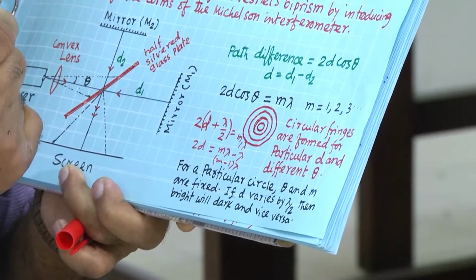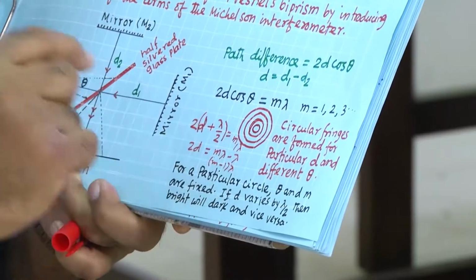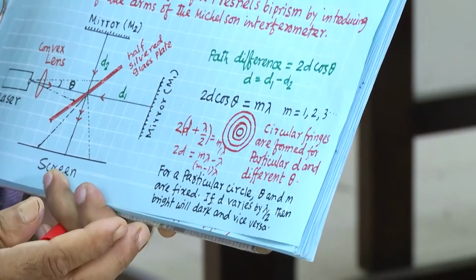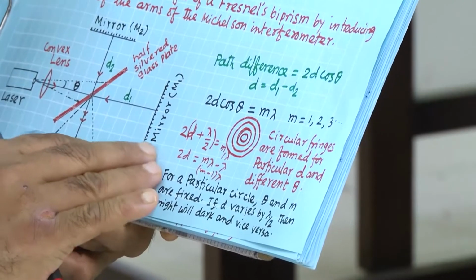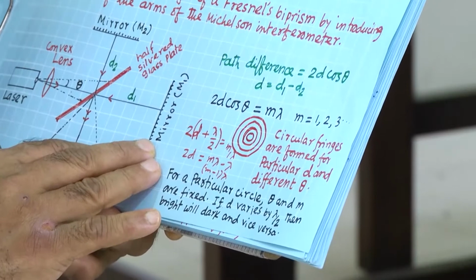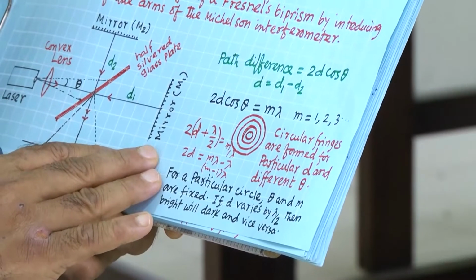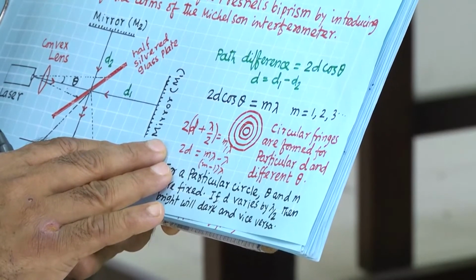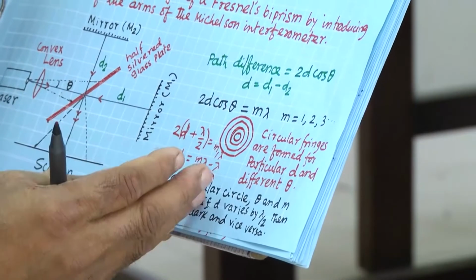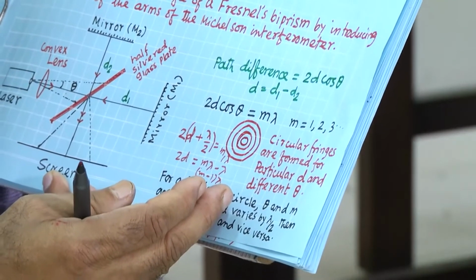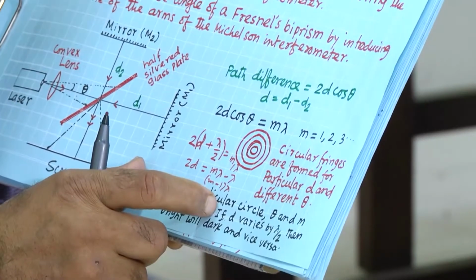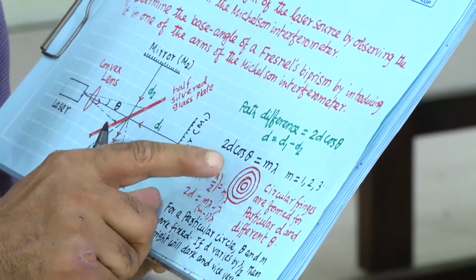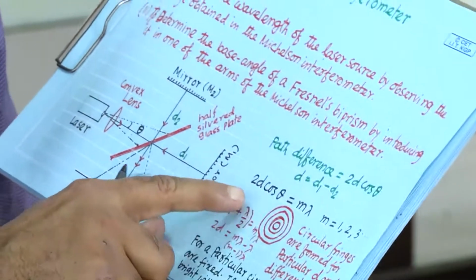So, basically you are counting the number of fringes collapsing or appearing while changing the distance D. If you can note down that distance D and count how many are appearing or collapsing, then from there you can find out the lambda value. Okay.